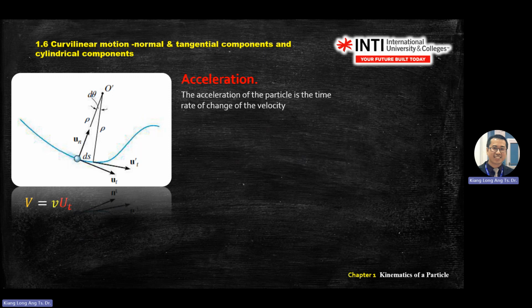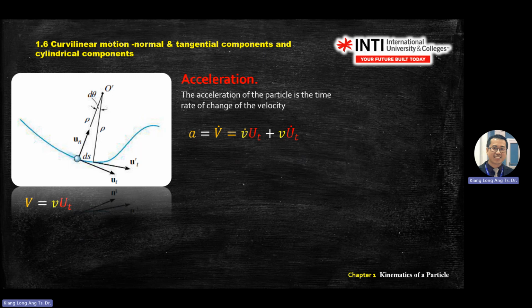So again, you need to apply the chain rule. If you're not familiar with the chain rule, go to the appendix, download Appendix A or B. Inside there are the vector products. So a equals v dot. When you see a dot, it means time differentiation in this chapter. dv dt means if you're lazy to write the dv, you just write a dot above the letter.